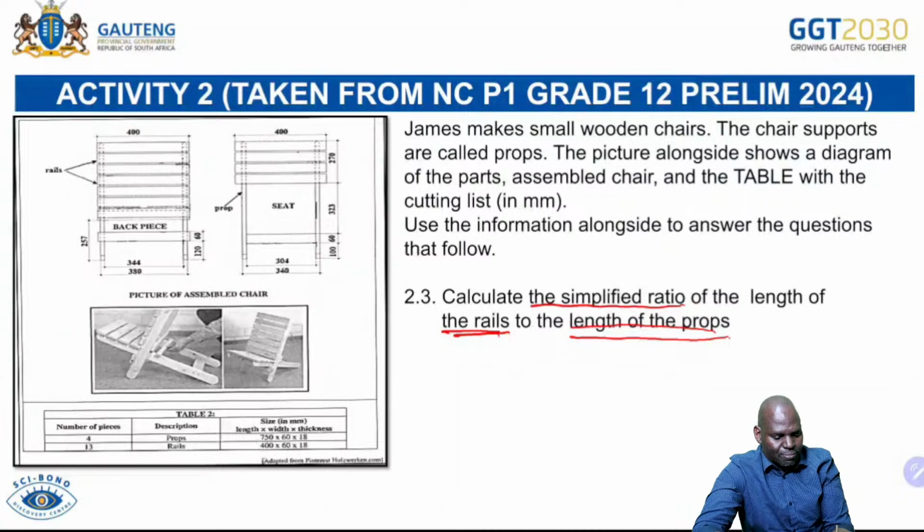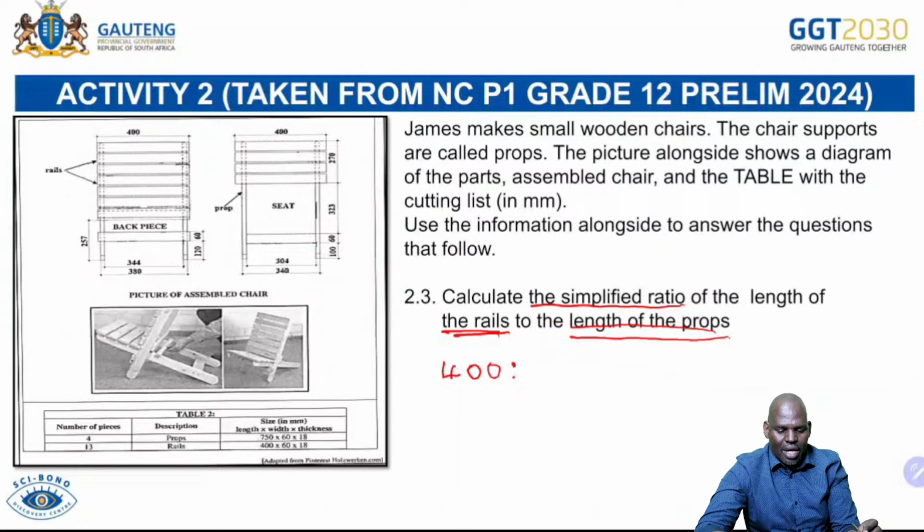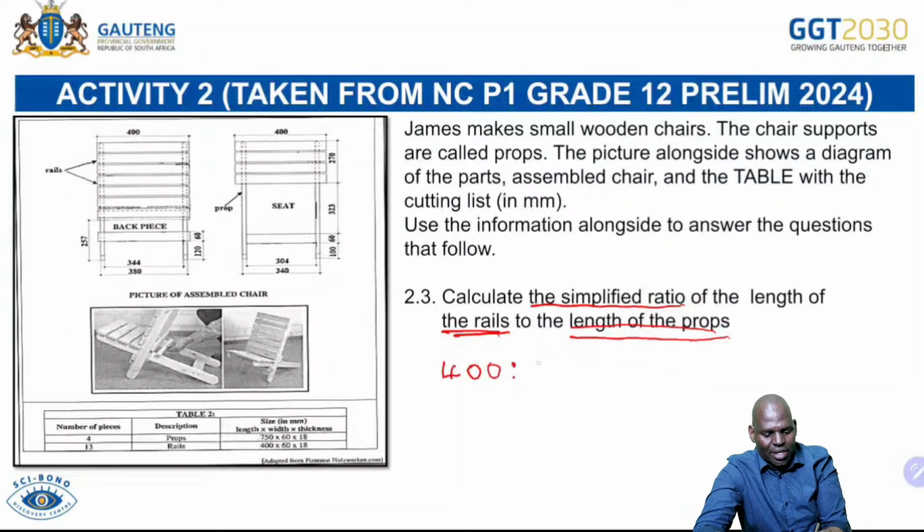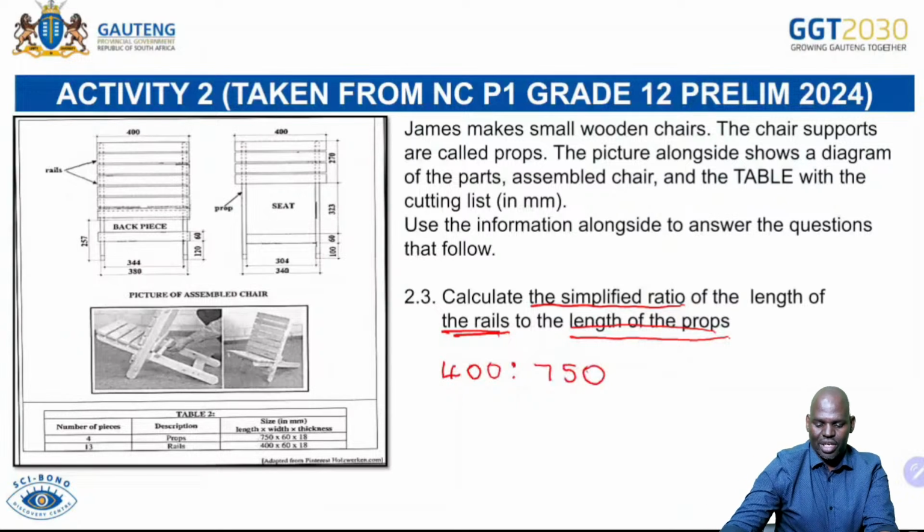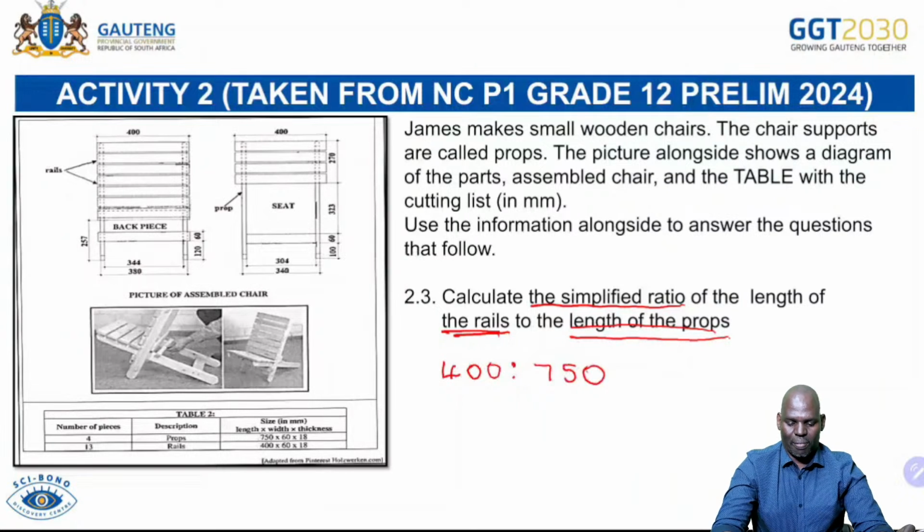We know the length of the rails is 400, and the length of the props is 750. So that is 400 is to 750. They say in simplified form.